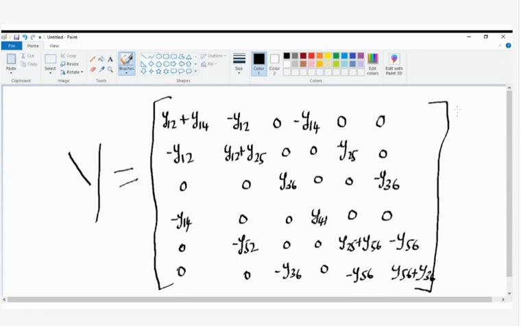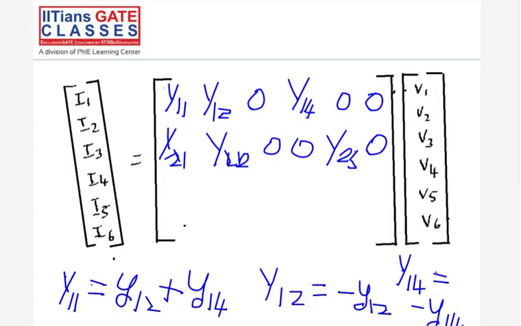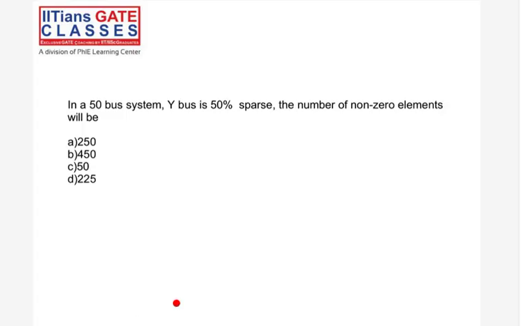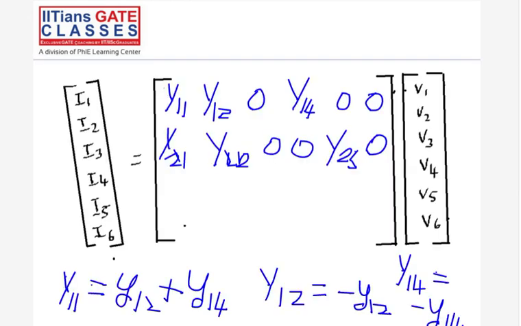Since there is no connection to all the buses, a lot of elements of this matrix would be 0. So basically, Y bus is actually a sparse matrix. Does that make sense? Y bus will be a sparse matrix, right? Yes. Okay, I'm assuming it's a yes.